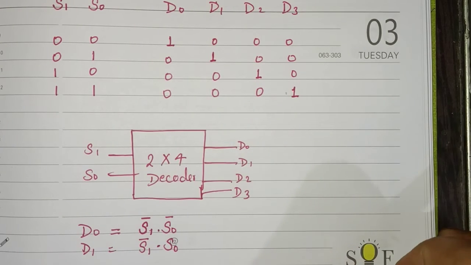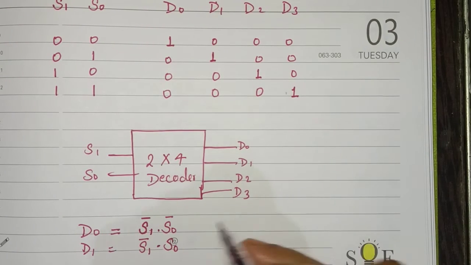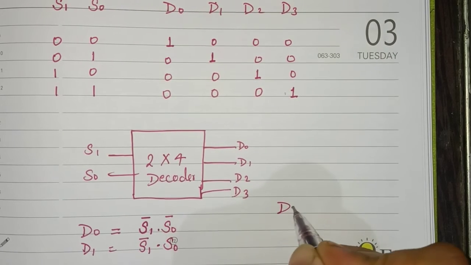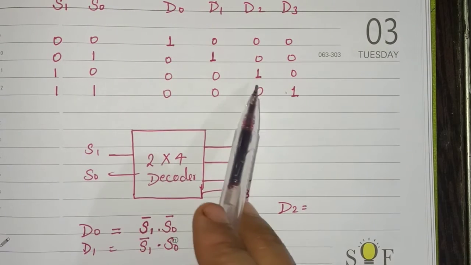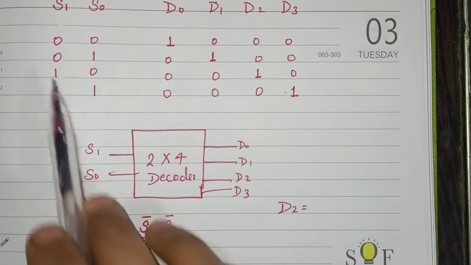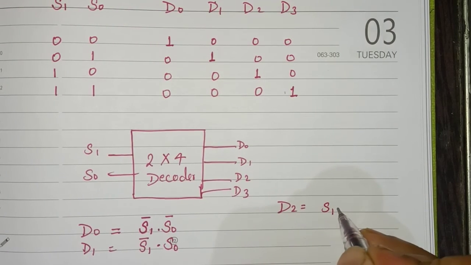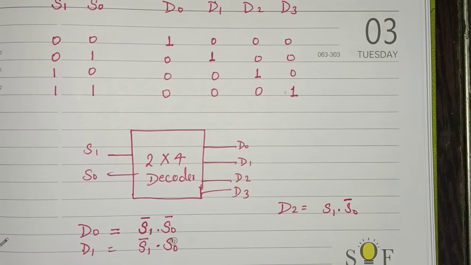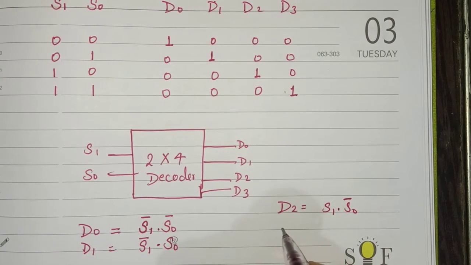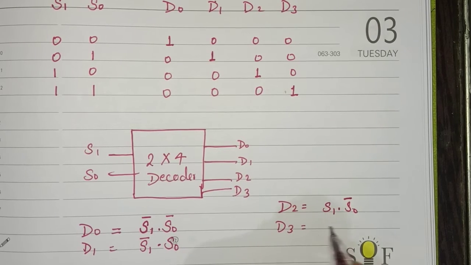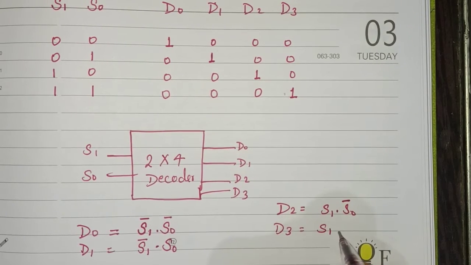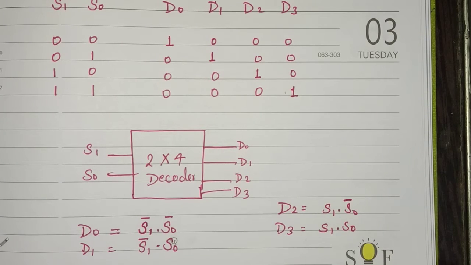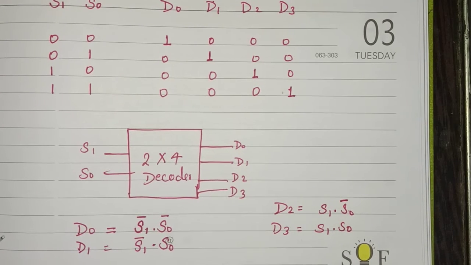Next, D2 expression will be S1 dot S0 complement, because S1 is high and S0 is low. And D3 is equal to S1 dot S0. Clear? So these are the expressions.